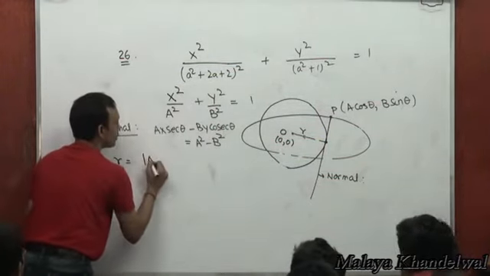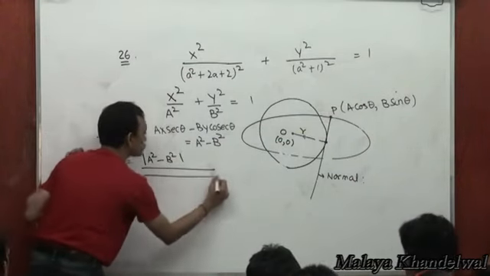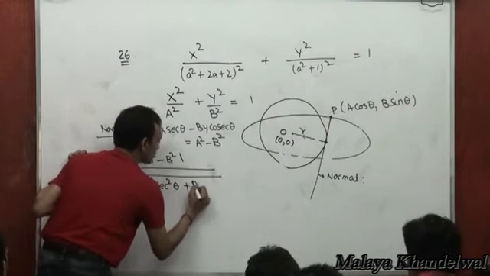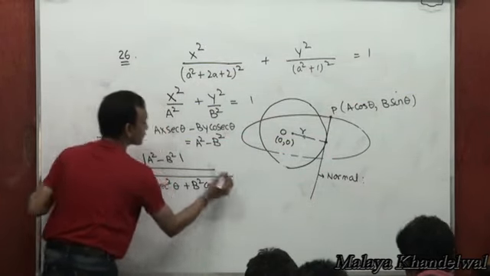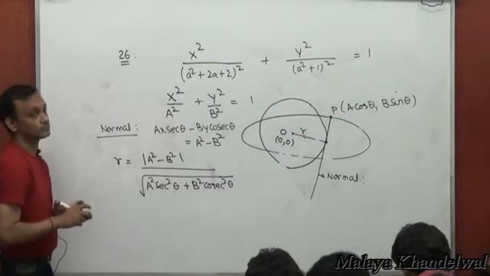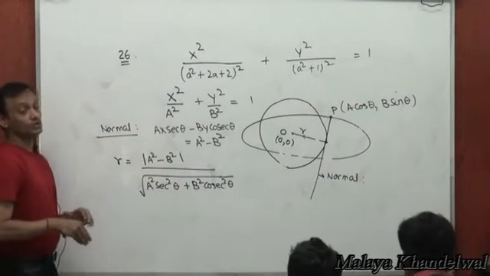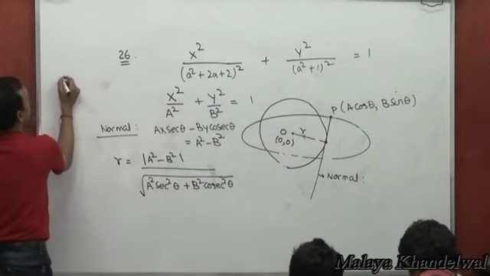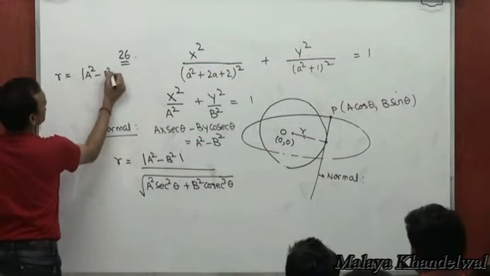You get r equal to mod of a squared minus b squared divided by root of a squared sec squared theta plus b squared cosec squared theta. We want r to be a maximum.